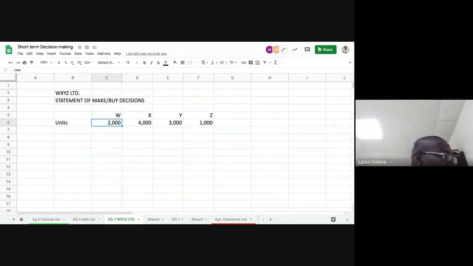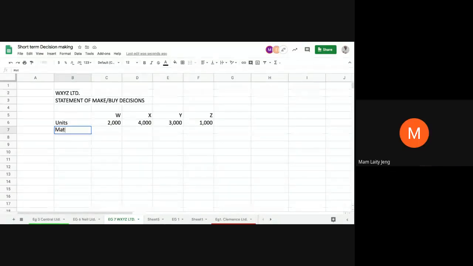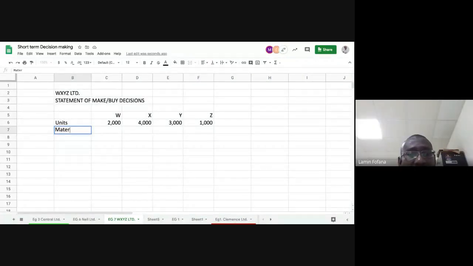Now, in order to calculate our total kilograms of materials, we need to multiply the unit by what? The material kg per unit, isn't it?